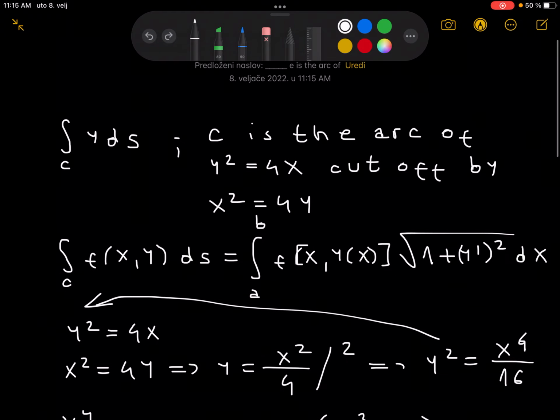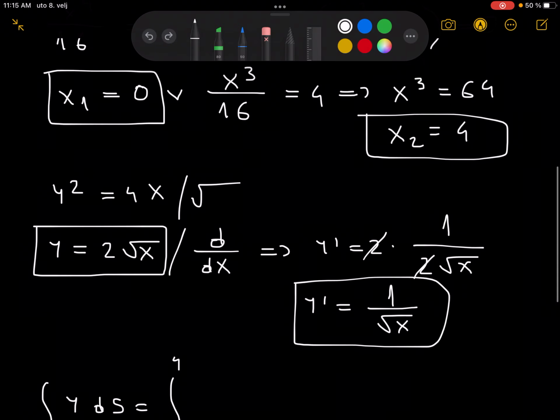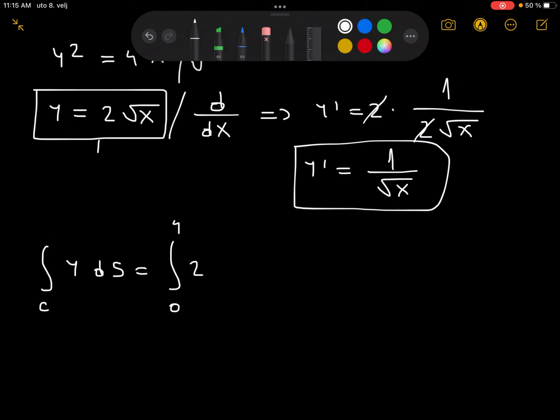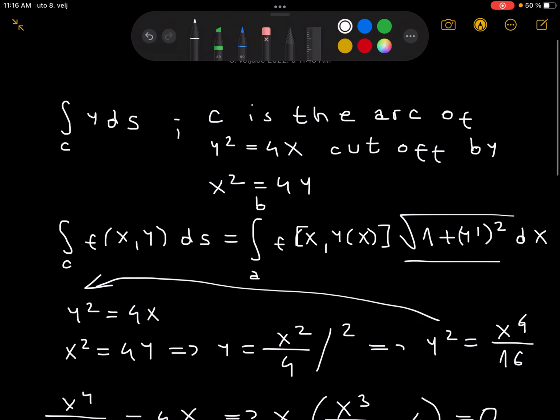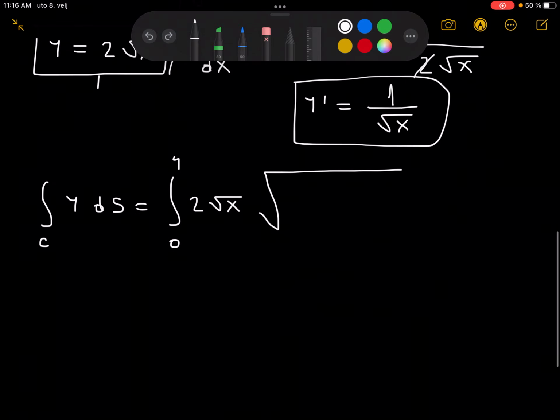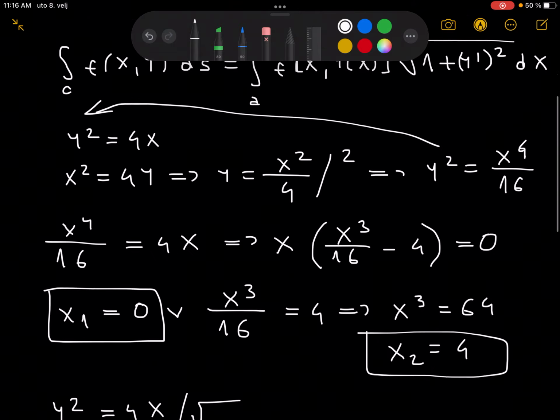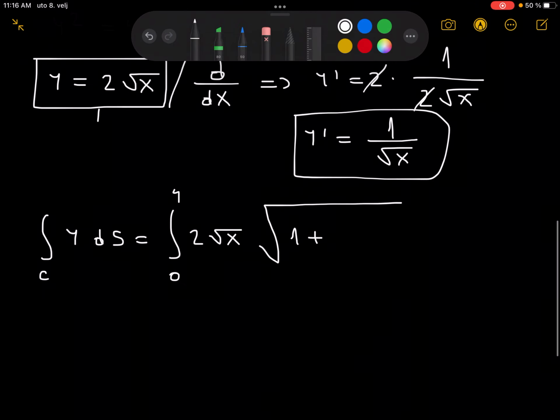Well, it depends on the given curve C, and this is the equation of our given curve C. So we get the integral from 0 to 4 of 2 times the square root of x times, and this is the other part of the formula, the square root of 1 plus y prime squared, which is 1 plus (1 over the square root of x) squared, which is just 1 plus 1 over x, and of course everything times dx.